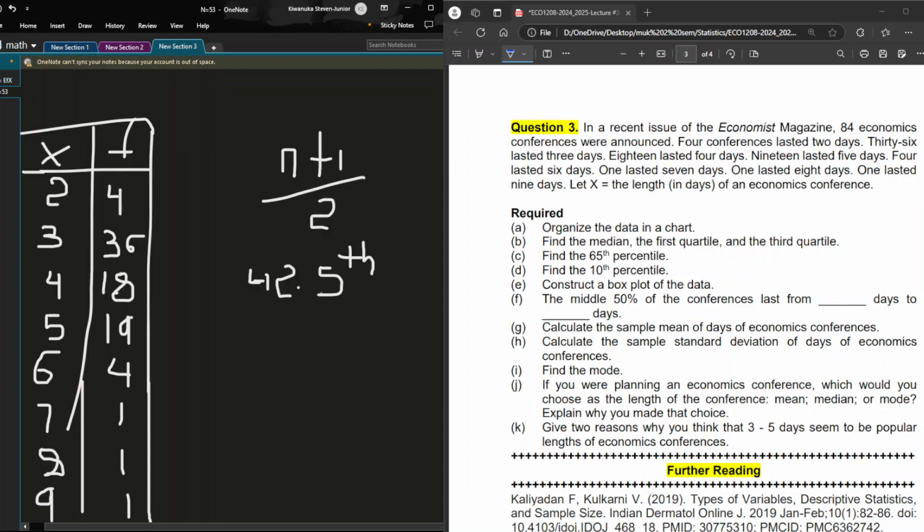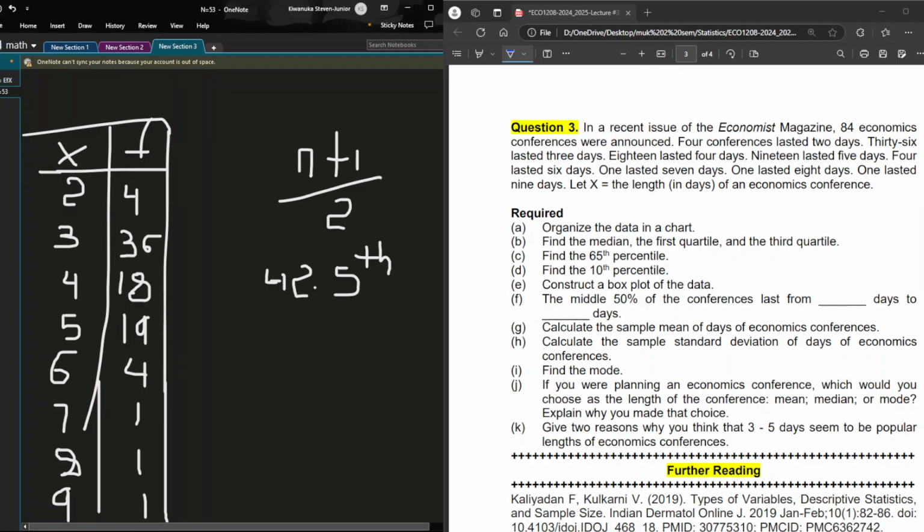What does that call for? To find out which figure falls in that position, using the frequencies. When you add these up, we get 40, plus this, 58. So our 42nd or 43rd position is in this range, and our x value is 4. So 4 becomes our median.